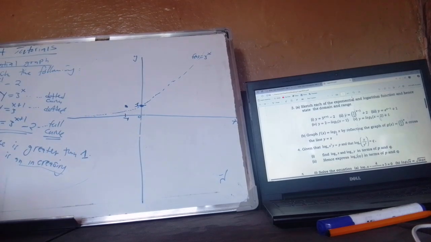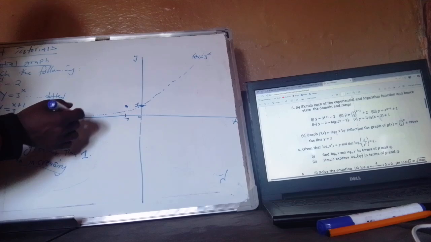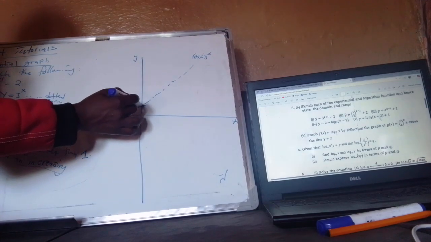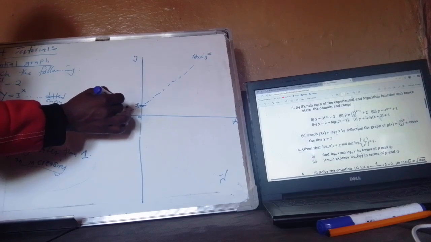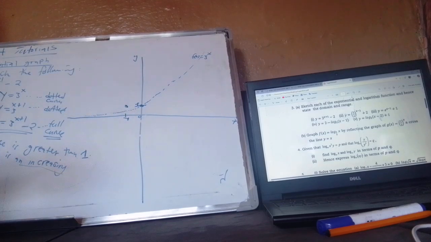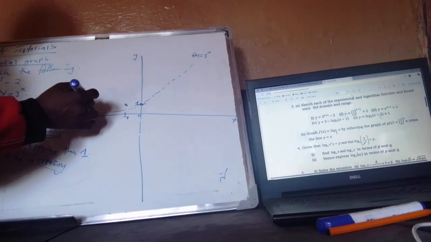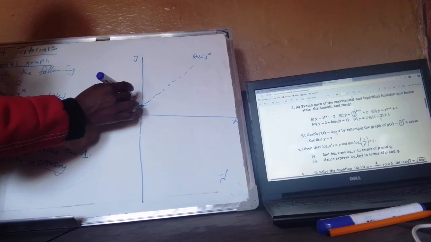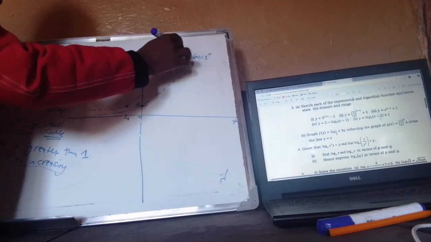So if this function is going to shift one step this side, the graph, instead of passing at 0,1, is going to pass at negative 1,1. It is going to cut the y-axis when x is 0.